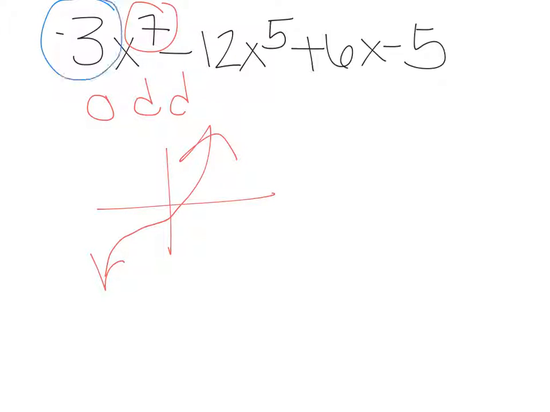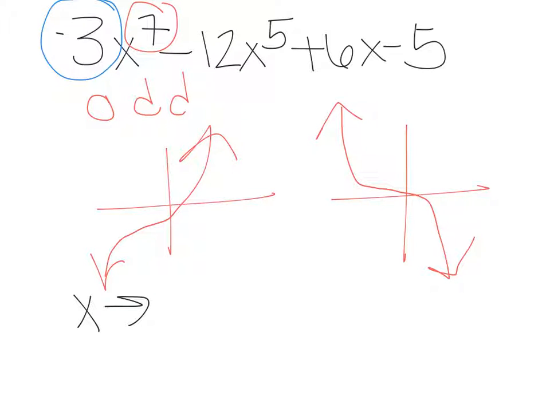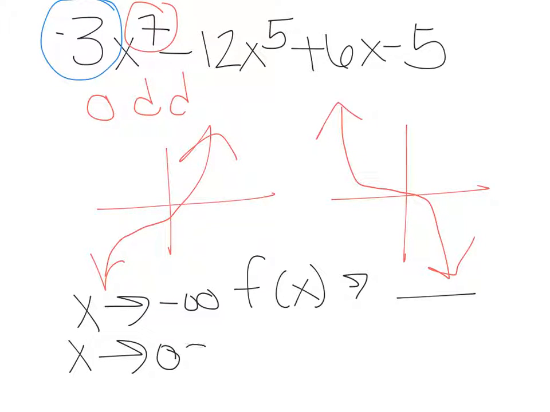However, this leading coefficient here is negative, so that's going to flip-flop my ends. So the left side's now going to go up and the right side's going to go down. So now I have to find the equation that says that. What you want it to say is that as x approaches negative infinity, f of x goes towards something, and as x approaches positive infinity, f of x goes towards blank.